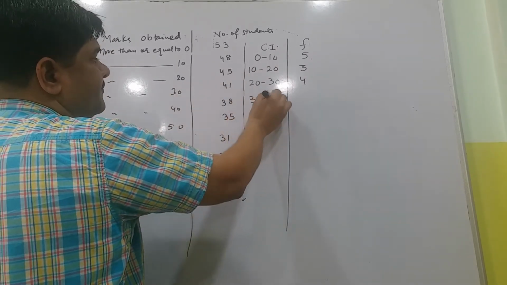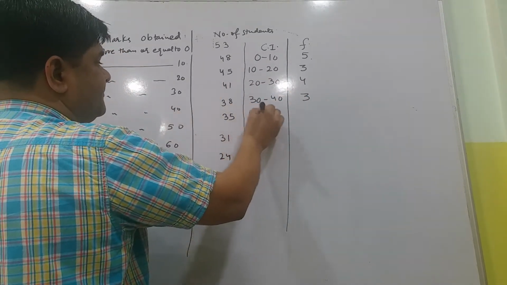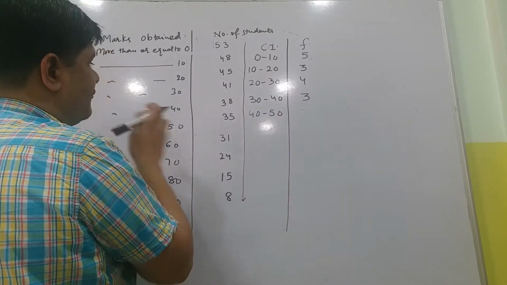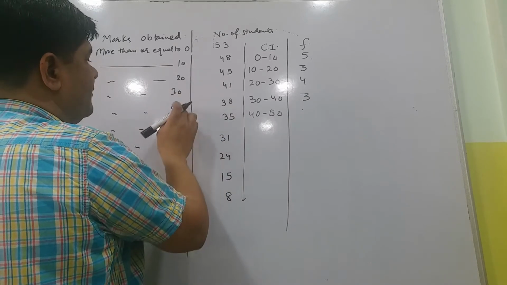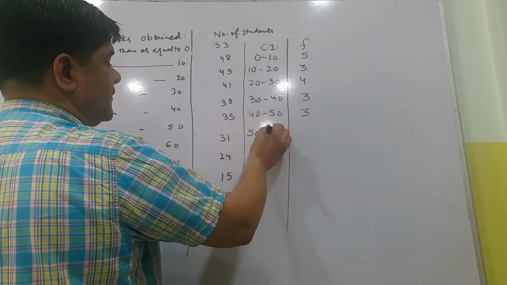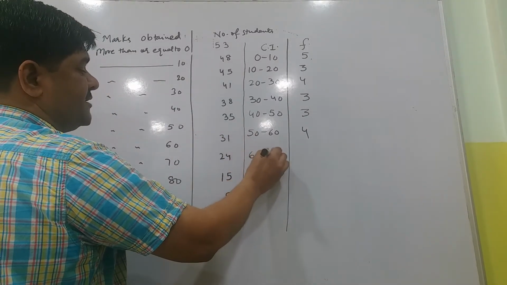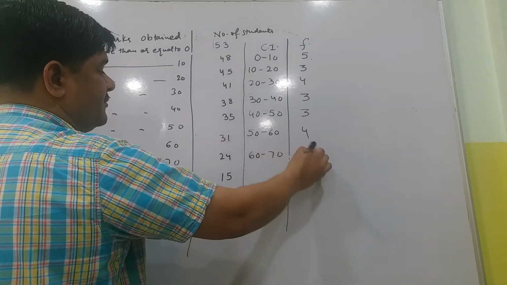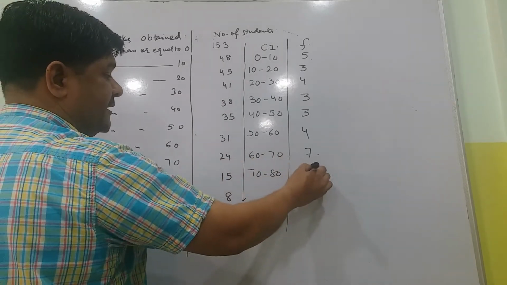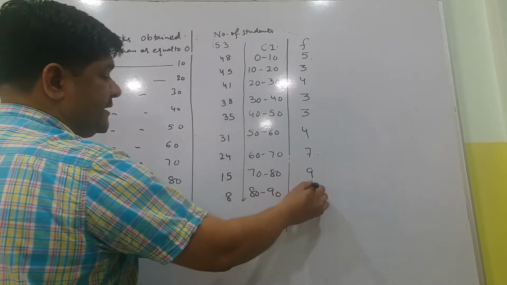30 to 40, 41 minus 38, that is 3. 40 to 50, 38 minus 35, 3. 50 to 60, 35 minus 31, it comes out to be 4. 60 to 70, that is 31 minus 24, that comes out to be 7. 70 to 80, 24 minus 15, it comes out to be 9. 80 to 90, 15 minus 8, 7.